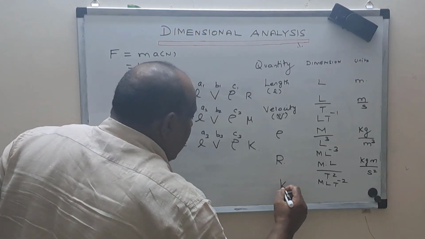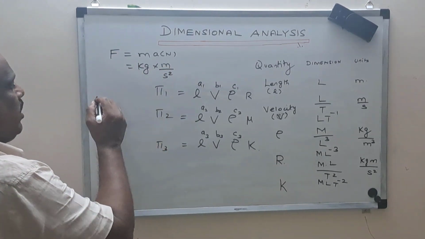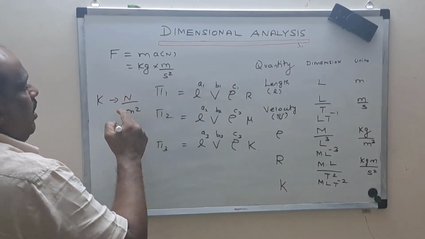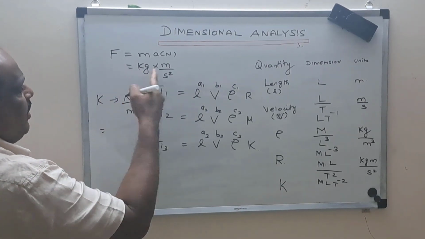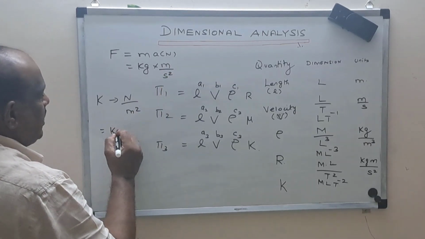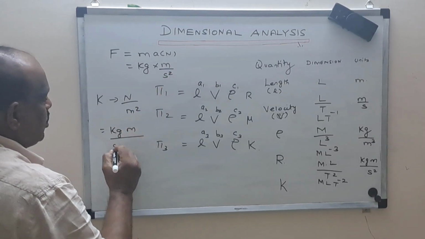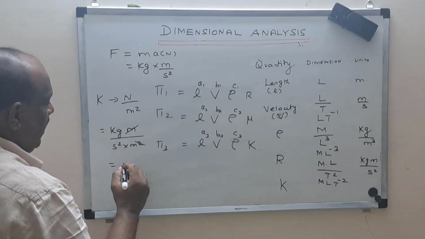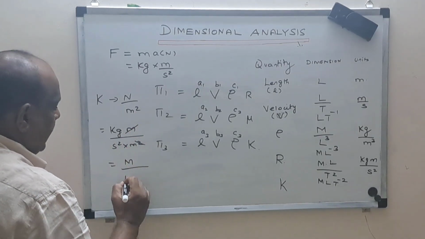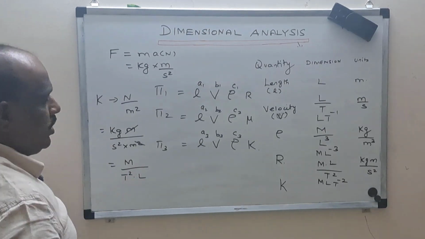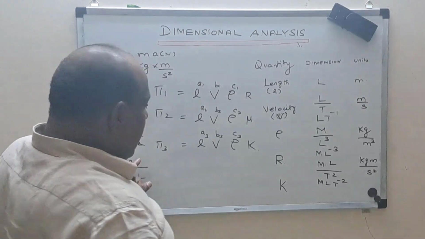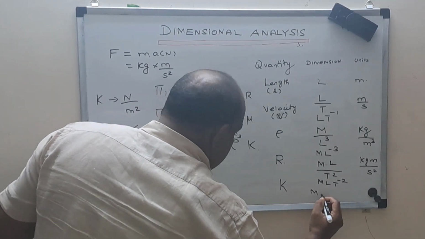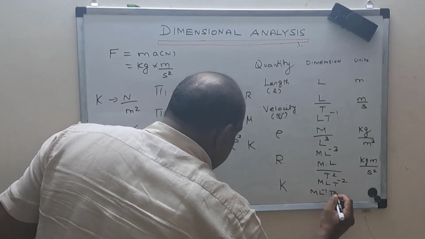So let us say K. Already I told the unit of K, we just discussed this, is Newton per meter squared. Newton is kg meter per second squared into meter squared. So one meter can cancel, and it will be mass by time squared into L. So the dimensions of K will be M L power minus 1 T power minus 2.